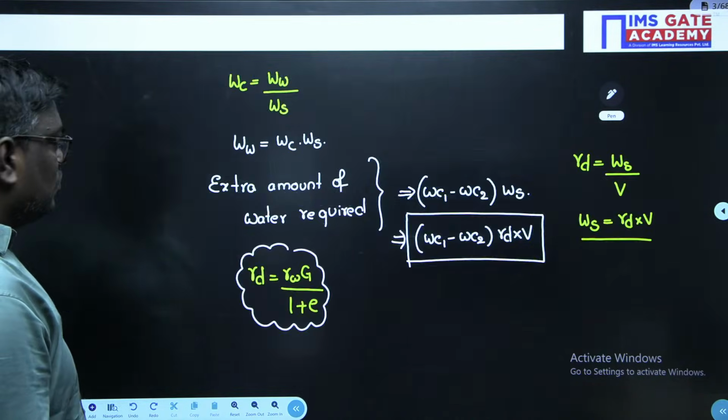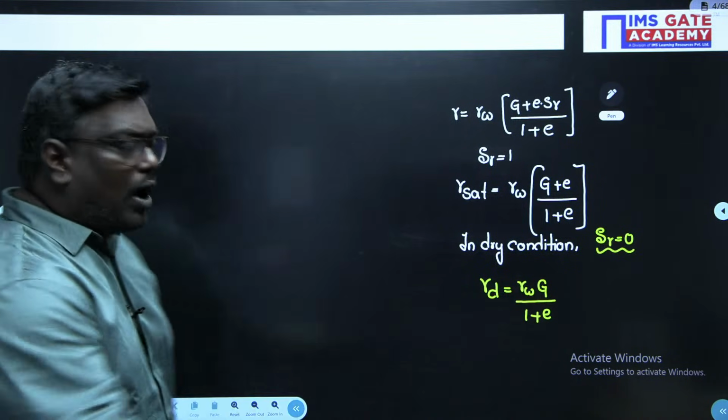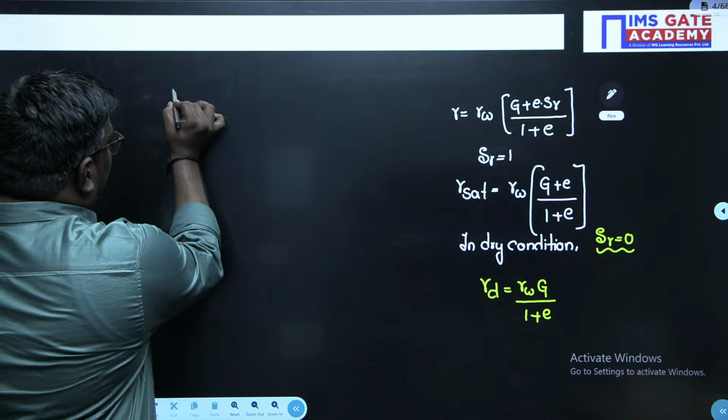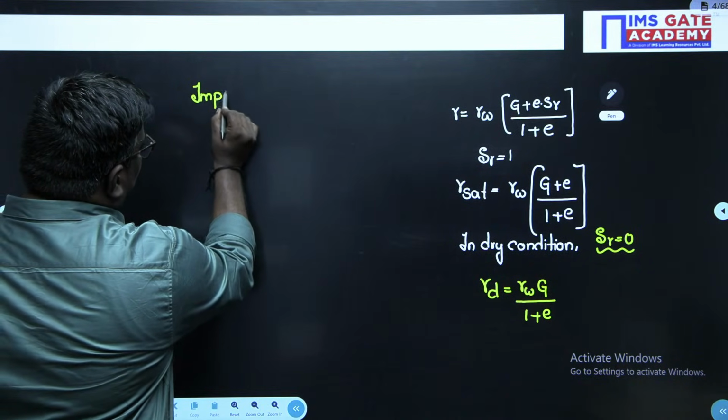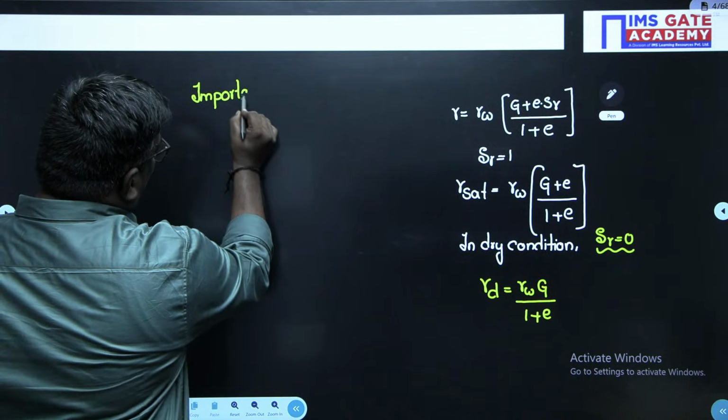Now, what we have to do? Let me tell you. Here, void ratio, an important formula we have, a very important concept, my dear students.